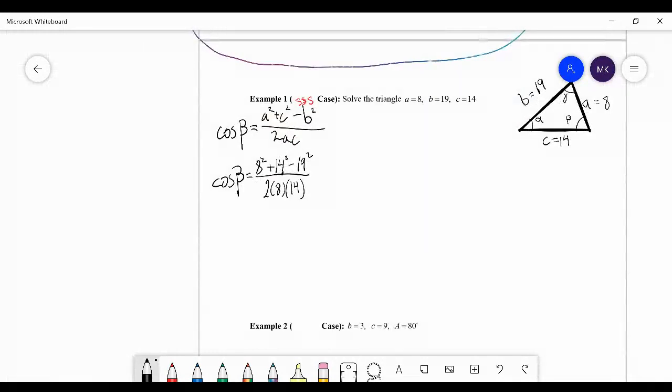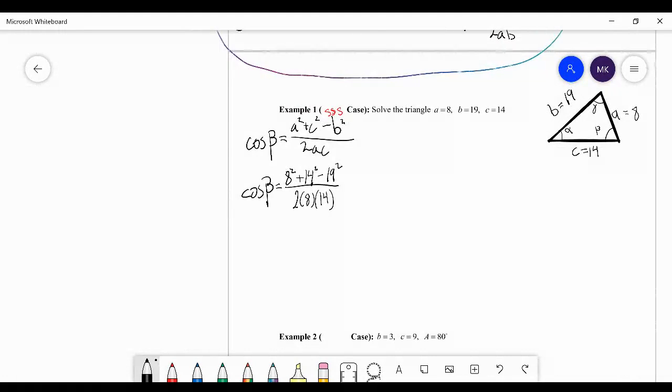Now, it's really important, don't just jump into your calculator and do inverse cosine of this. You can, but I really like to end up getting cosine beta equals what? And so in our calculators, very carefully, make sure you're doing this correctly.